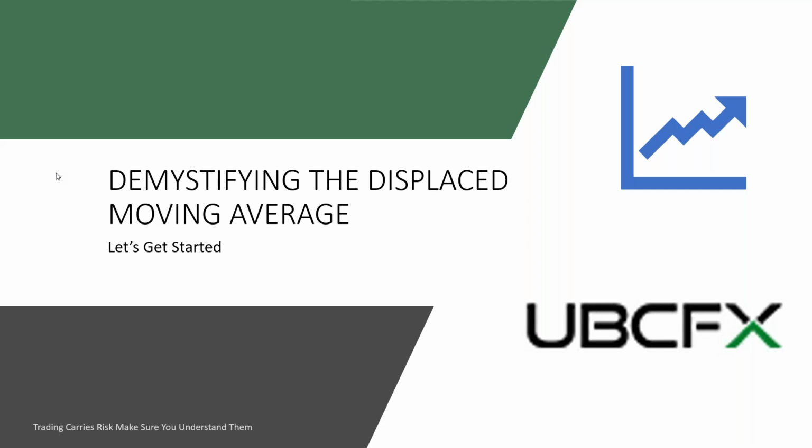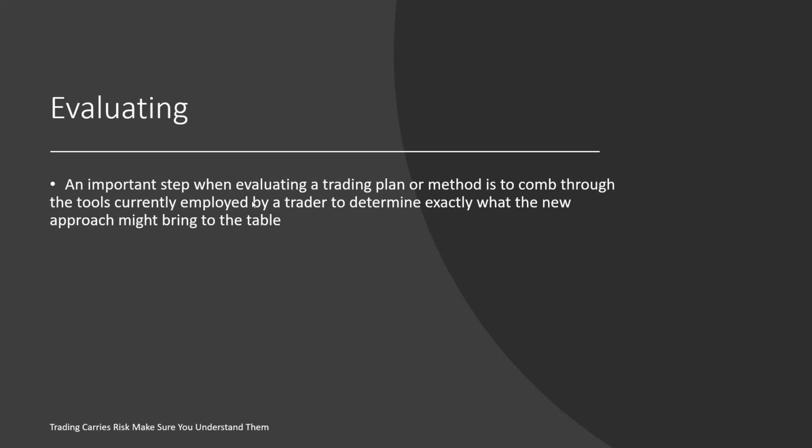We're going to talk about a new, how do I want to describe it? A new way to recalculate an old indicator. Now, moving averages are one of the most well-known, most well-used indicators in the marketplace.